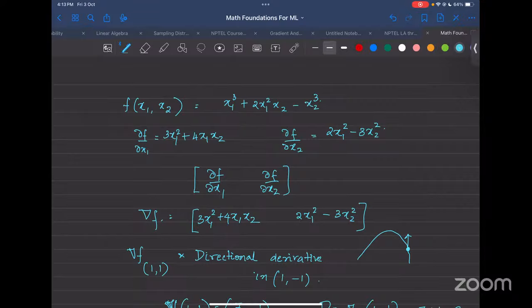Along the level curve, nothing changes. There is no change at all. So therefore, the rate of change would be 0.